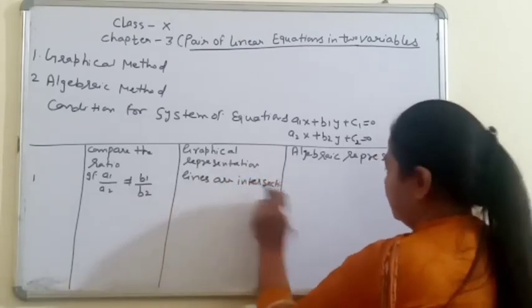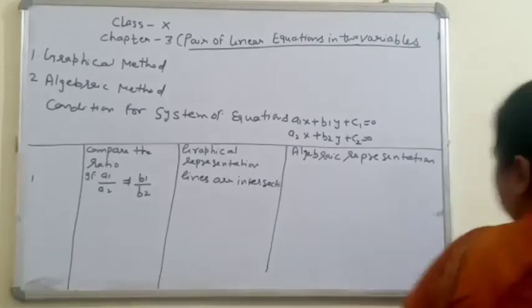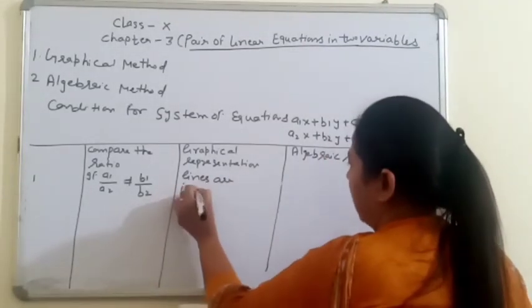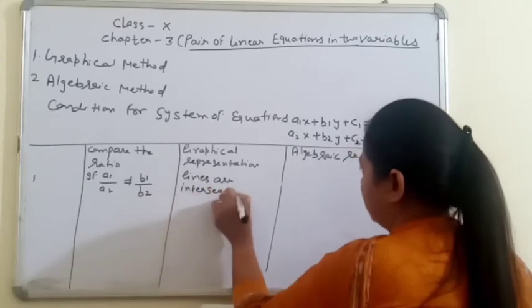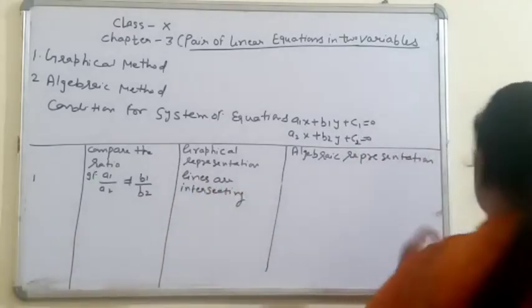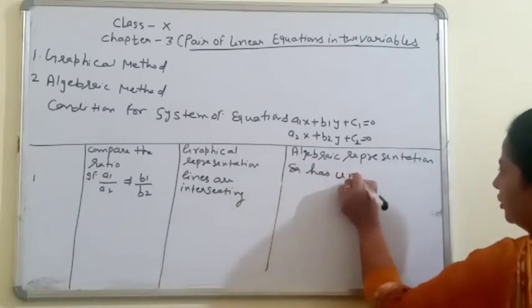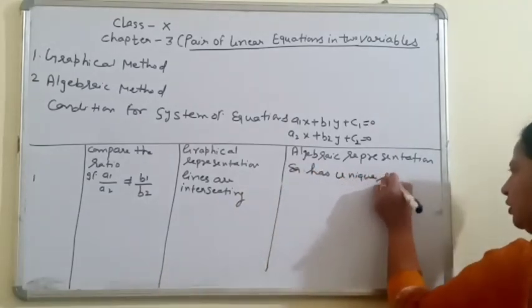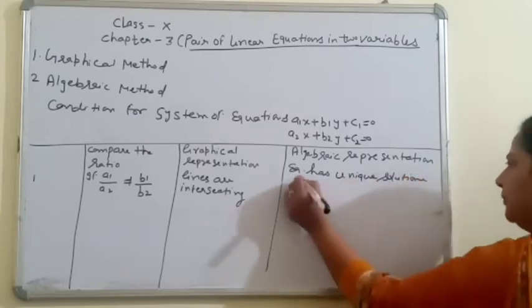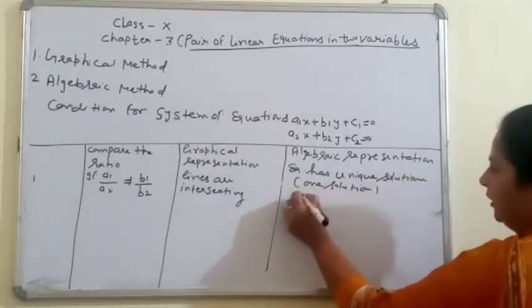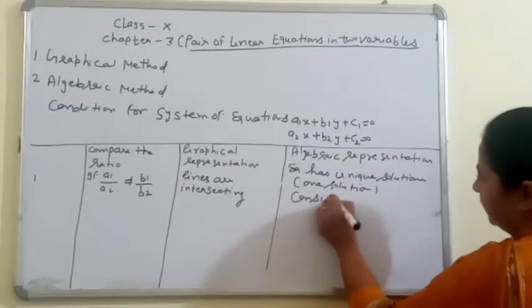When we draw the graph for these conditions, the lines intersect. And algebraically the equations have a unique solution, that means only one solution, and they are consistent.